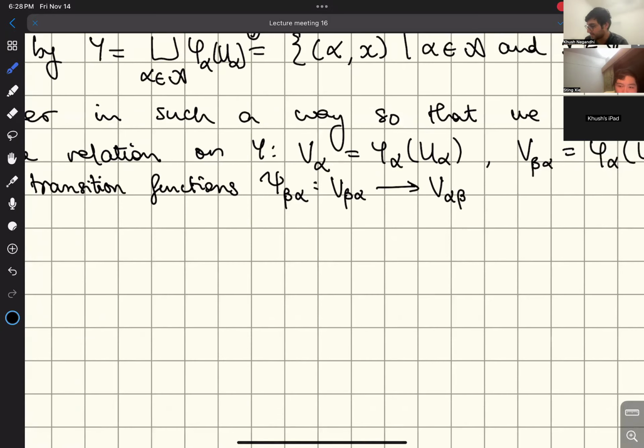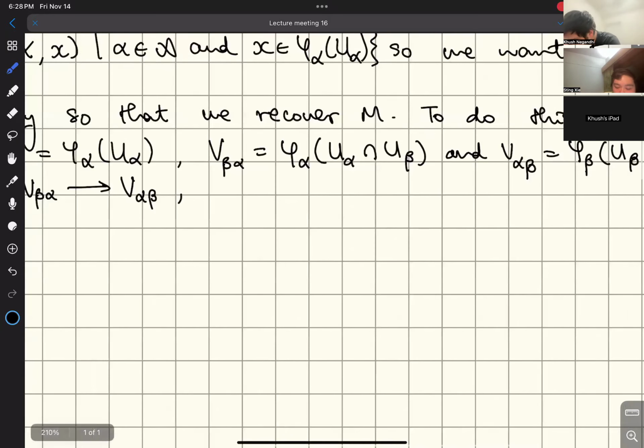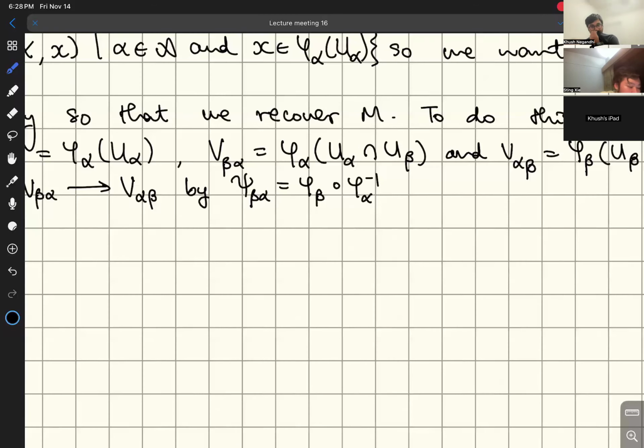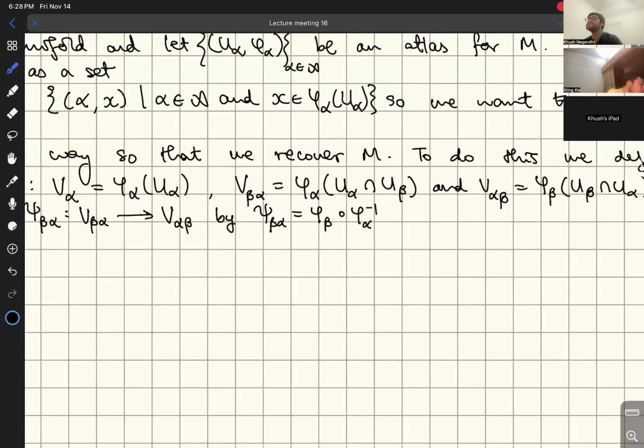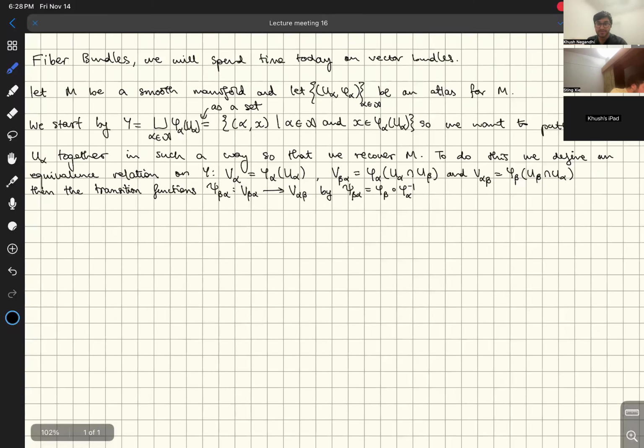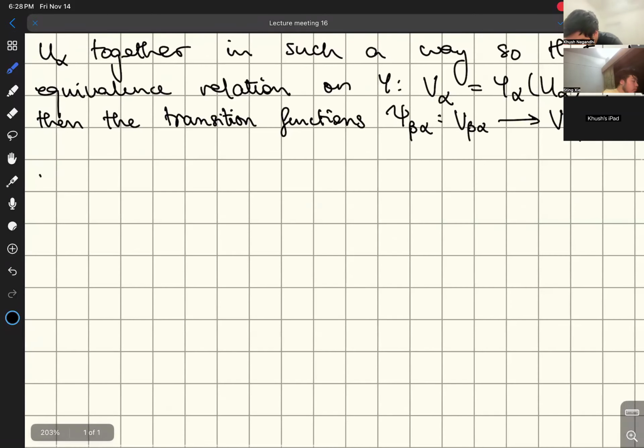If you remember, the transition functions are defined by psi beta alpha is equal to phi beta composed with phi alpha inverse. This is just the definition of the transition functions. And now we're ready to define the equivalence.